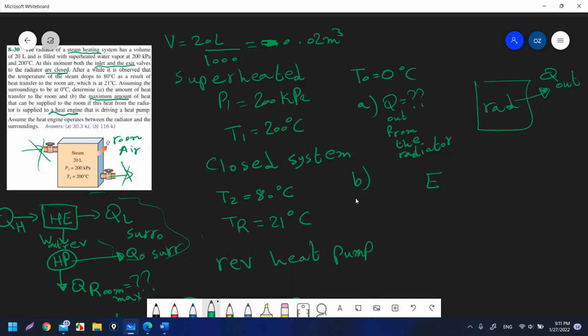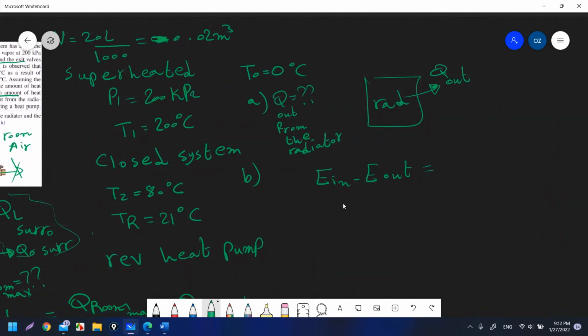The energy balance is E in minus E out equal to delta E system. I don't have any work in or heat in. I have only one Q out, so it is Q out. There is a negative here in the equation itself.